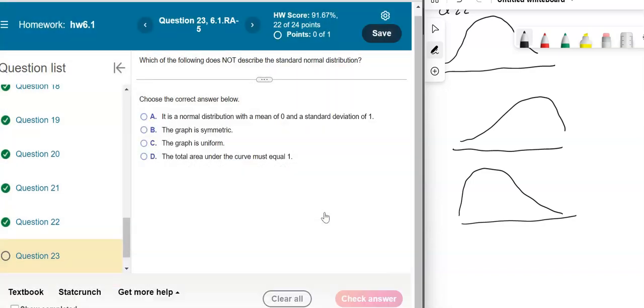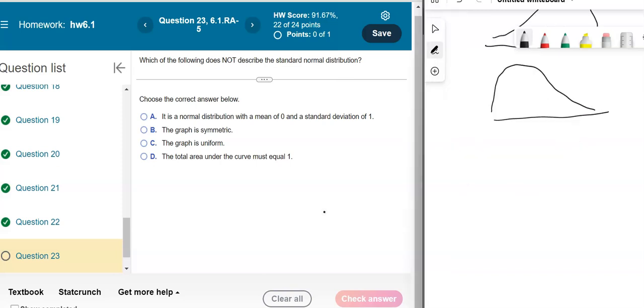Okay. Now, question 23. Which of the following does not describe the standard normal distribution? Standard normal distribution, let me write again.